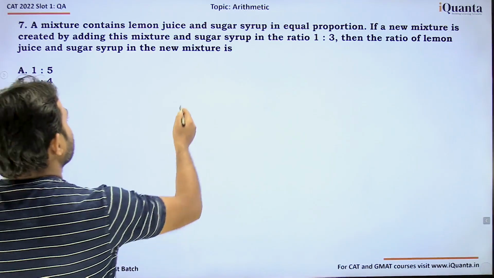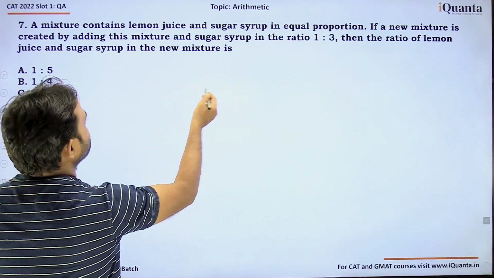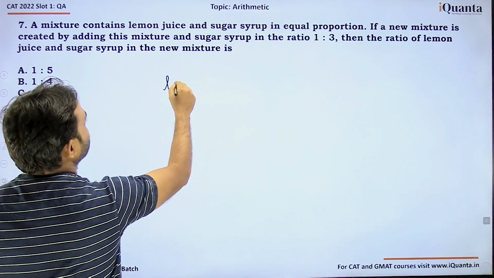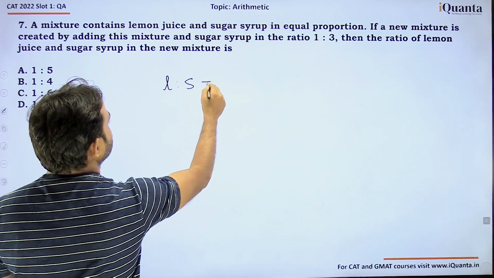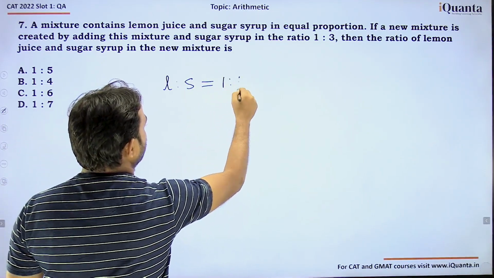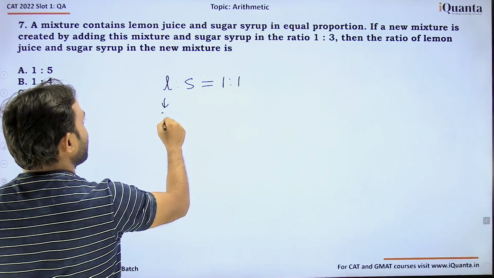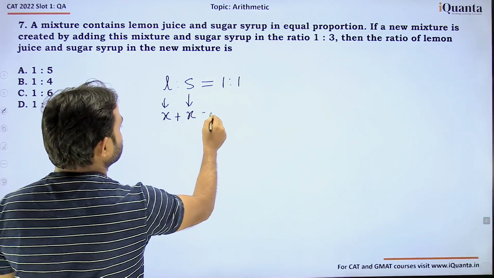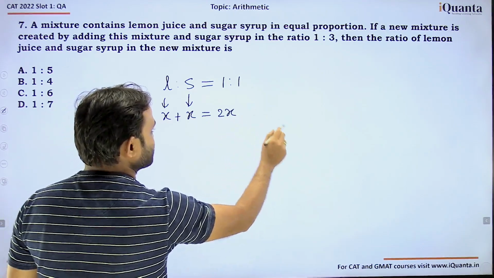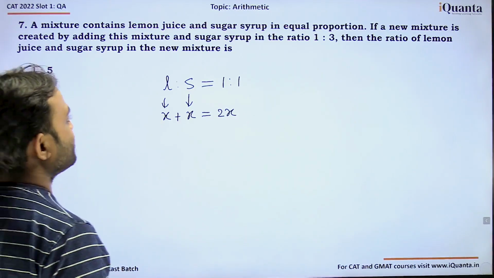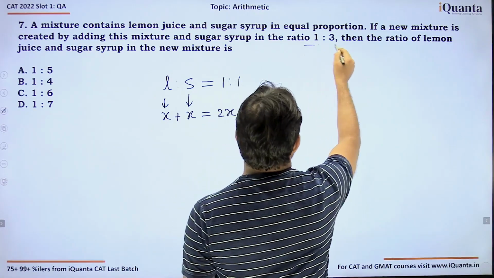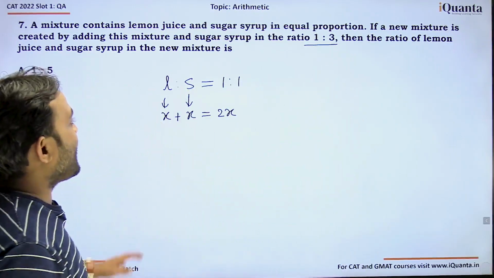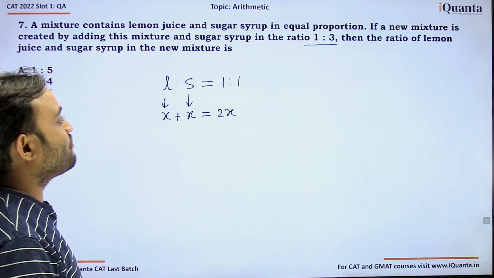Now let's say that lemon juice and sugar syrup, L is to S, is equal to 1:1. If this is x liters and this is also x liters, the total mixture is 2x liters. And we are mixing the mixture and the sugar syrup in the ratio 1:3.